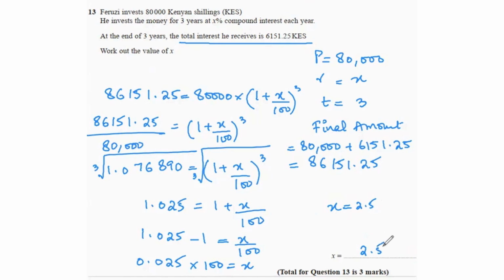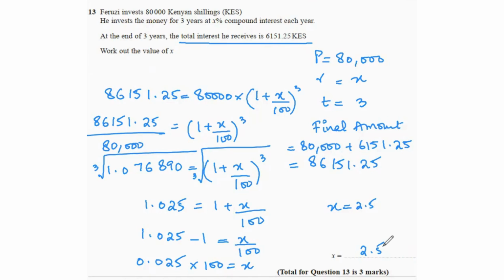So if you've noticed so far, we're using the same formula in each question. In some cases, they give us the initial amount and the interest rate, and ask us to find the final amount. In other cases, they give us the initial amount and the final amount if they want us to find the interest rate. Or they would give us the final amount and the interest rate, and ask us for the initial amount.